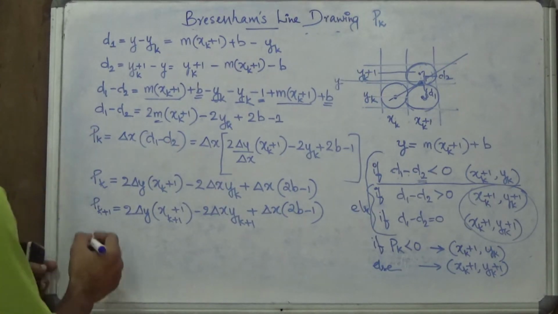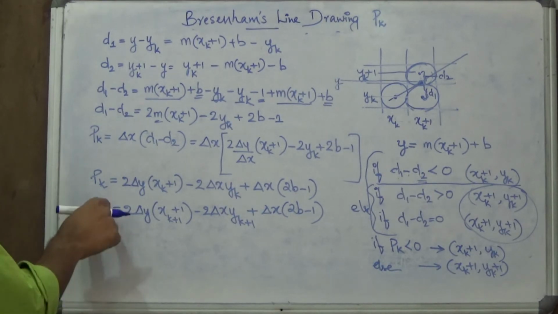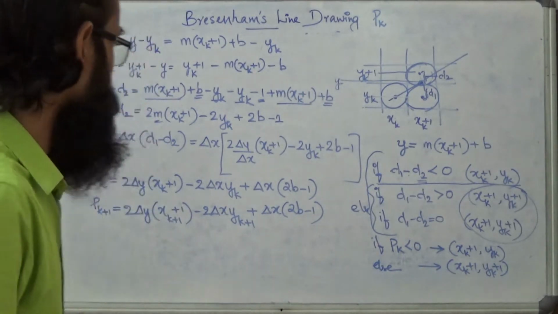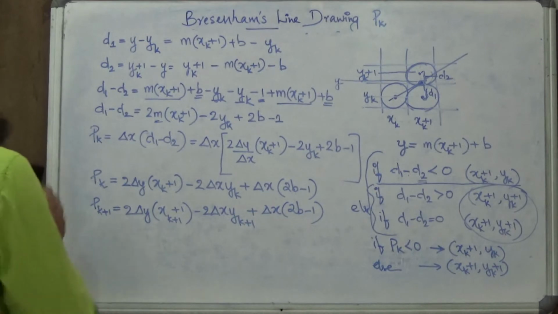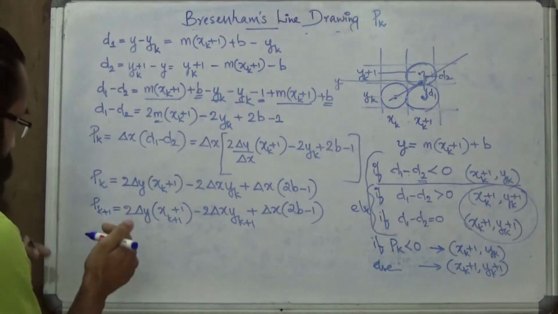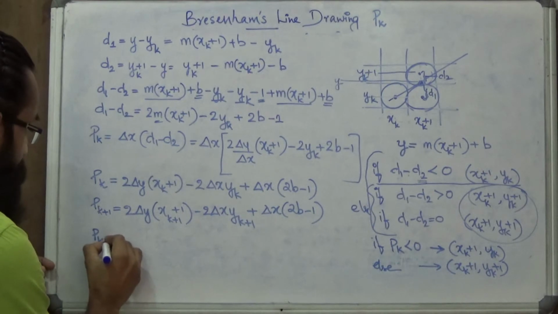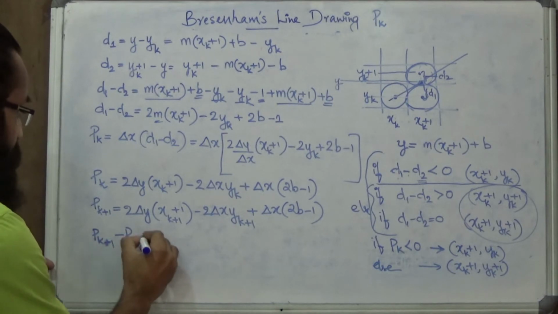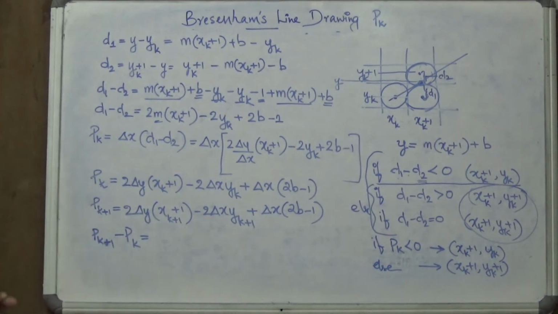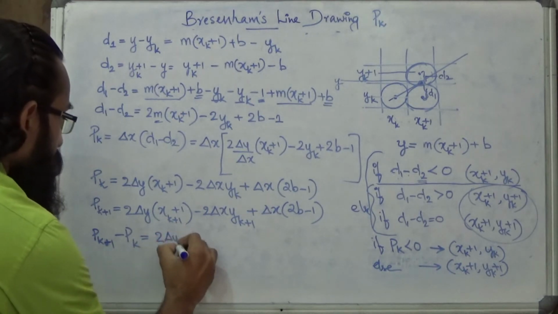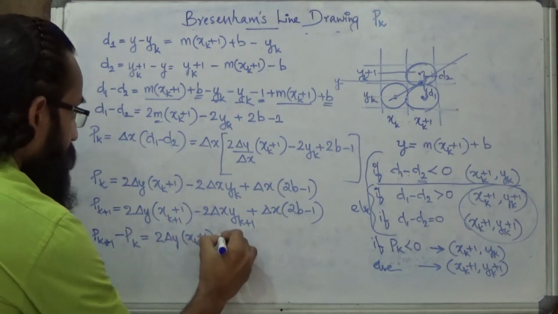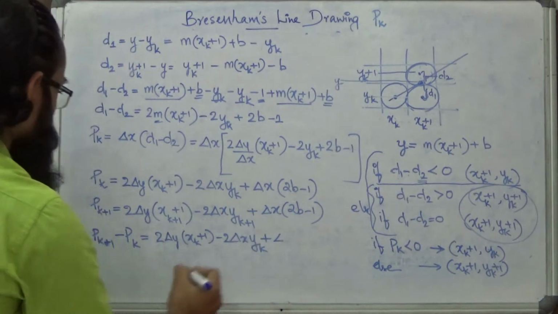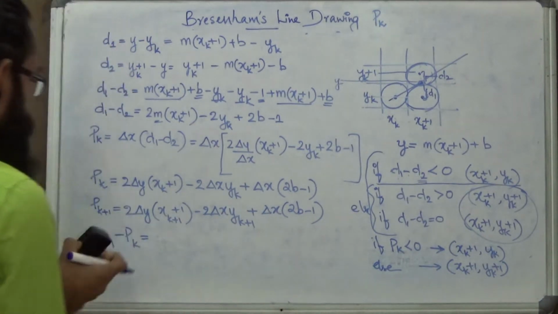Now, in order to determine pk incrementally based on the previous decision parameter, you have to consider pk+1 minus pk. What is pk+1 minus pk?